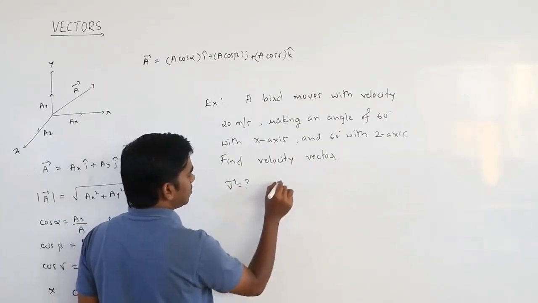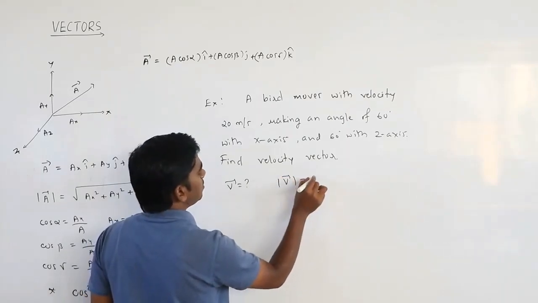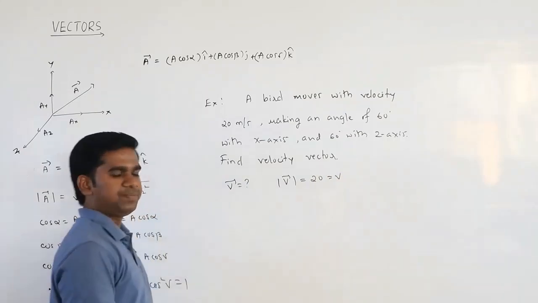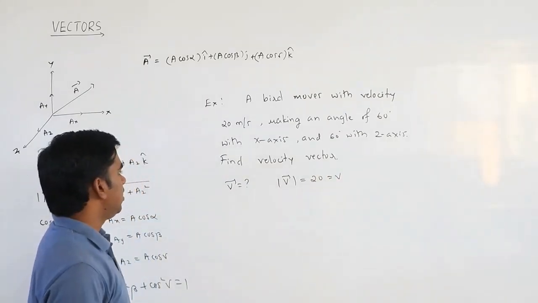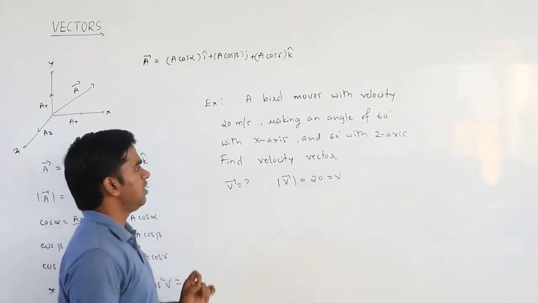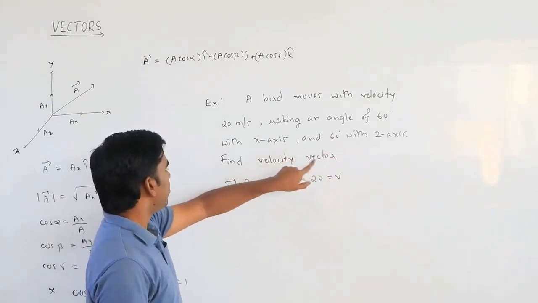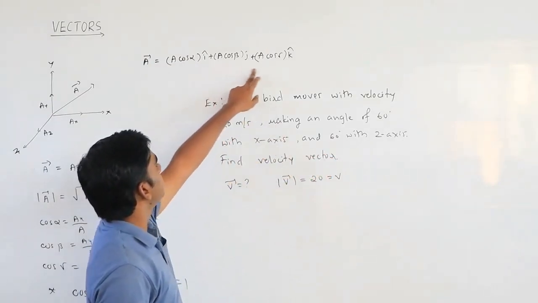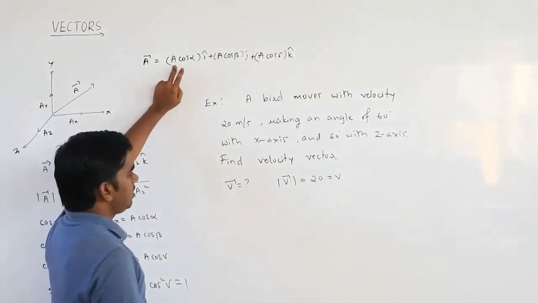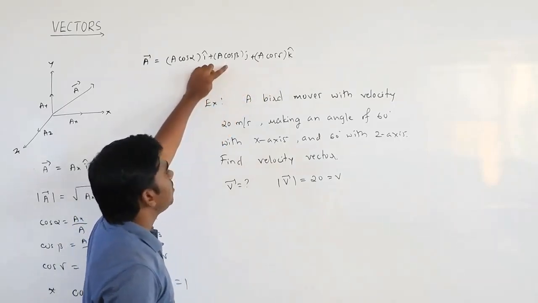The magnitude of vector v they have given as 20, which you can simply write as v. The components Ax, Ay, Az are not given, but alpha and gamma are given. So we can use this formula, because the magnitude is there, alpha is there, gamma is there, but the problem is with beta.